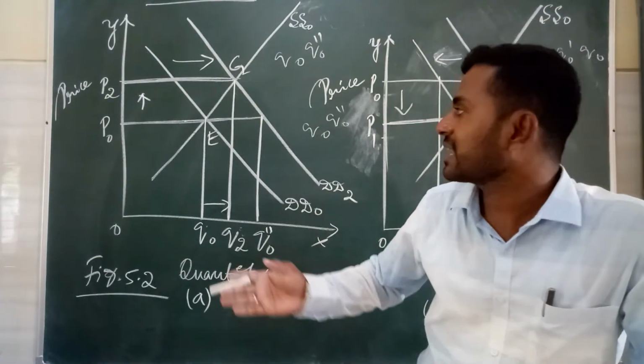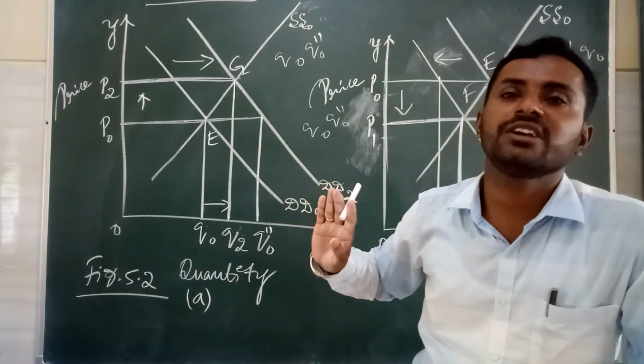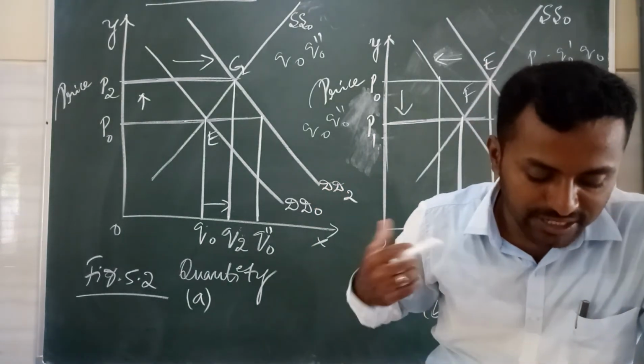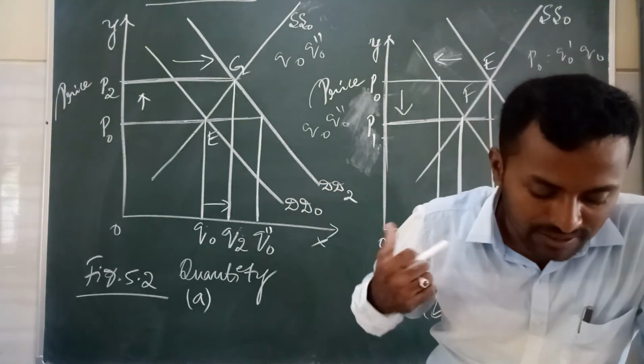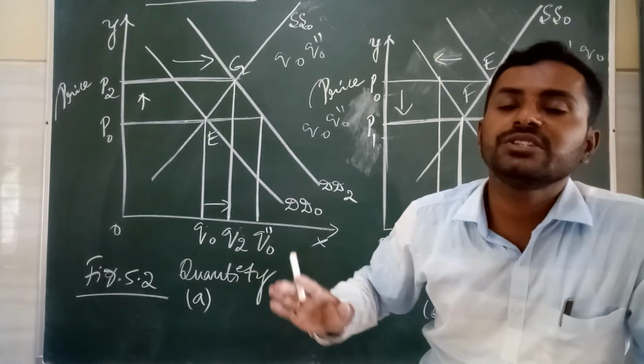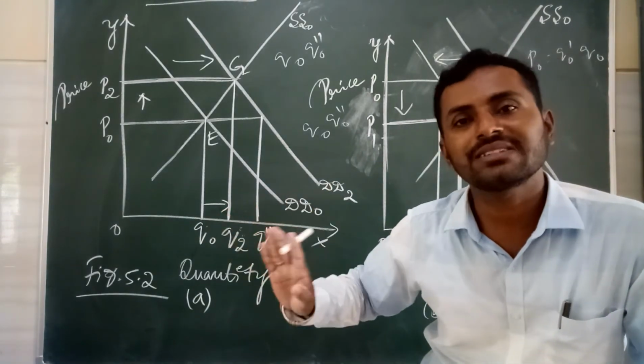Initially, the market equilibrium point is E. Due to the shift of demand, does it shift rightwards or leftwards?